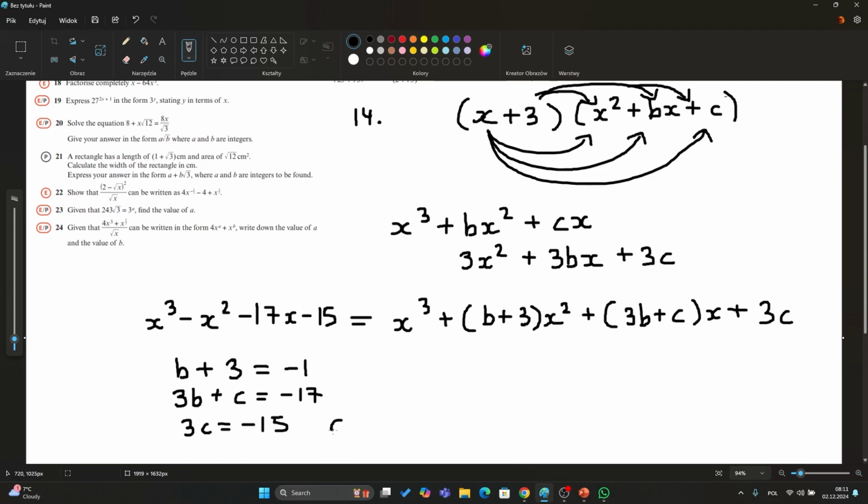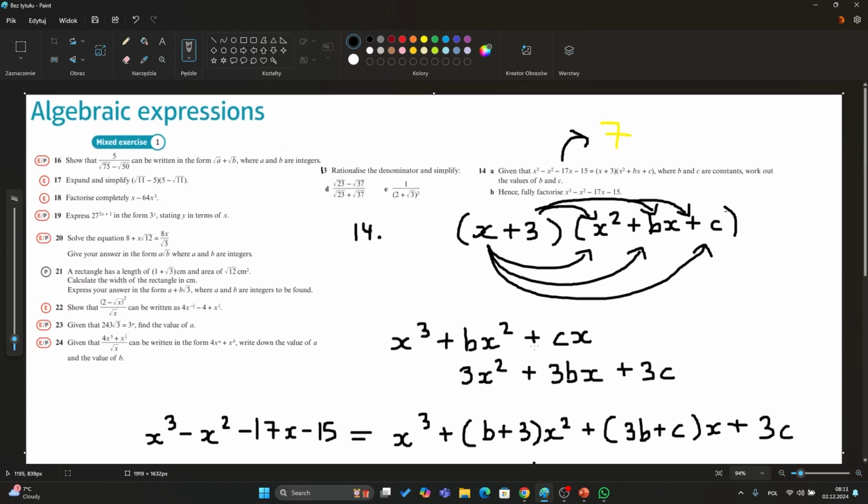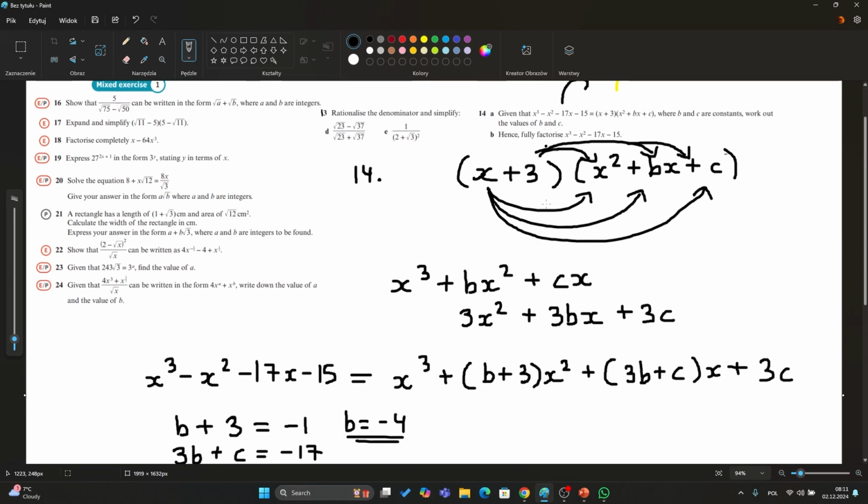So from here we see that c is minus 5, and here we see that b can be minus 4, and therefore we know the values of b and c, because that's what the question was asking us to do.